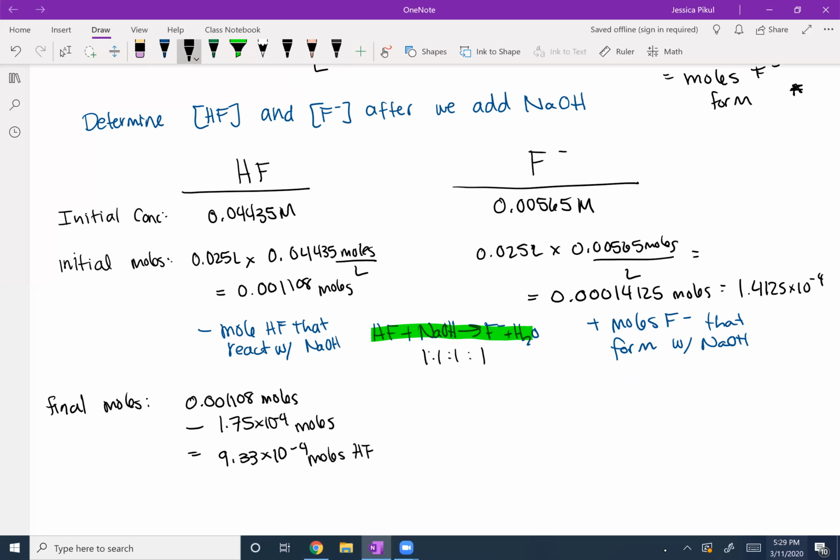Now looking at fluoride, we're starting with 1.4125 times 10 to the negative 4th, and adding that 1.75 times 10 to the negative 4th to this. That's going to give us a total of 0.000316 moles of our fluoride.